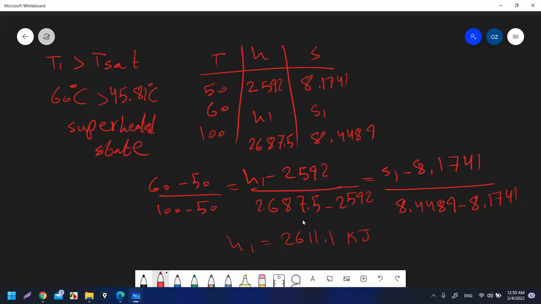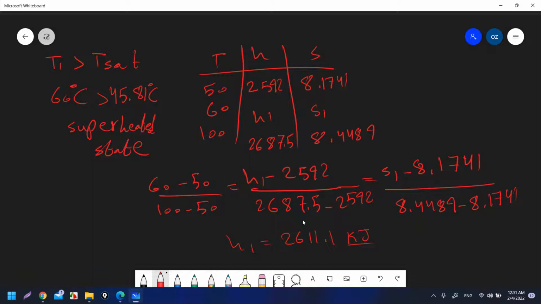and I think in the solution I got 2612. In each state it will be different until we reach the final requirement, and there will be a 20 kilowatt difference between my answer and the solution manual answer, because I think he used a different thermodynamic table or a new edition.